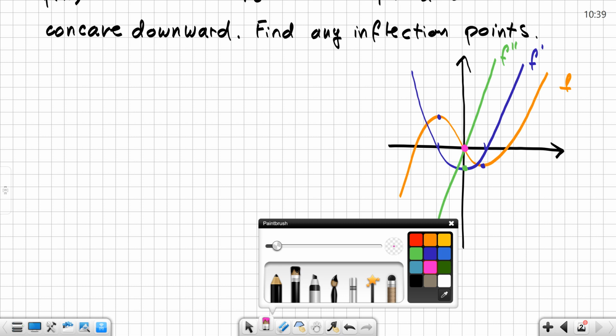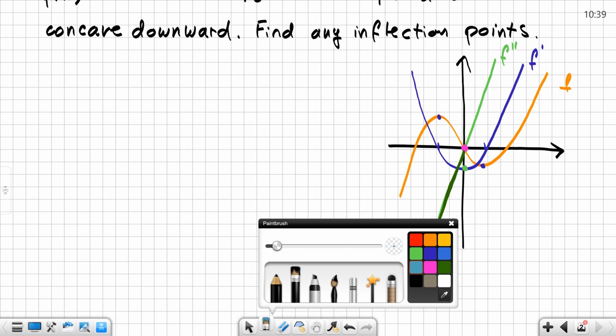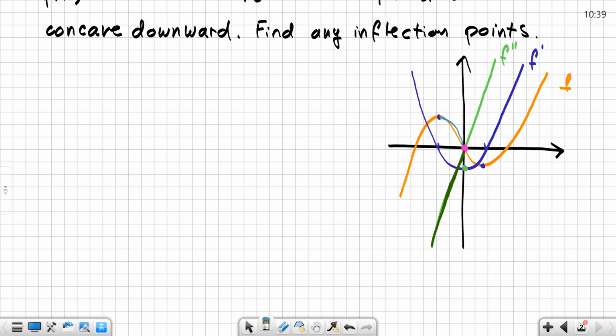So, now, where my second derivative is negative, that would be right here, my original graph looked like what? It was concave downwards.